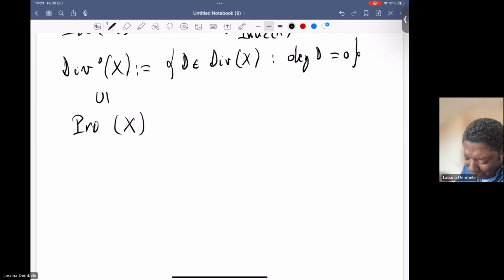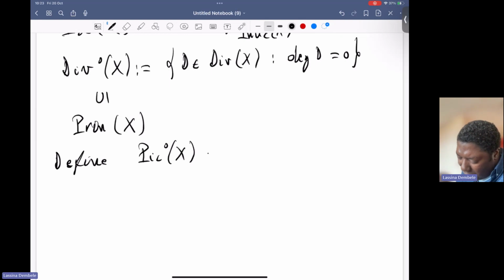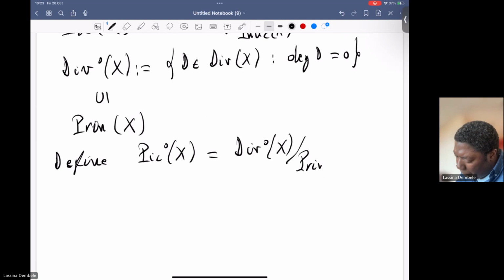Okay, so principal is a subgroup. Then we define Pic^0(X) to be Div^0(X) modulo principal divisors. Okay.